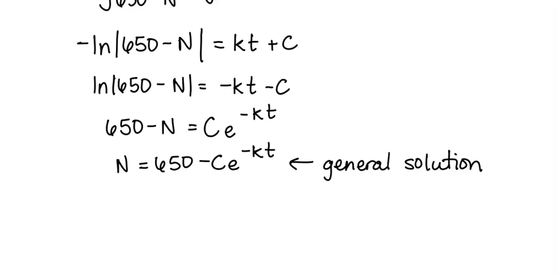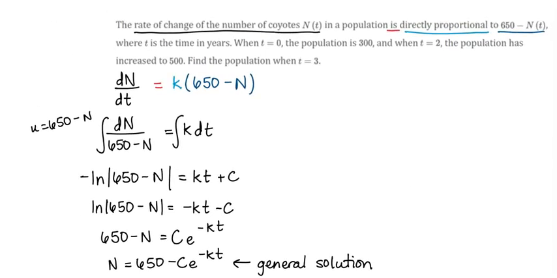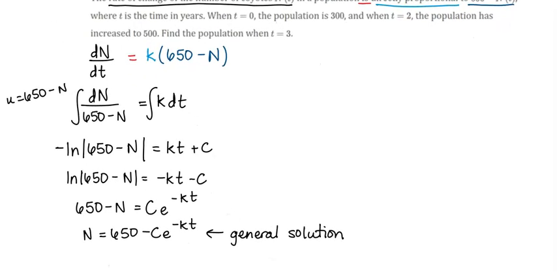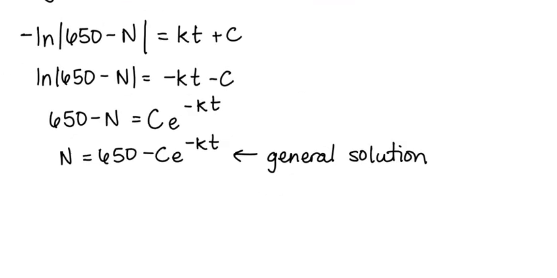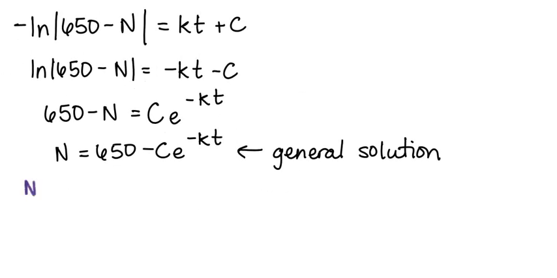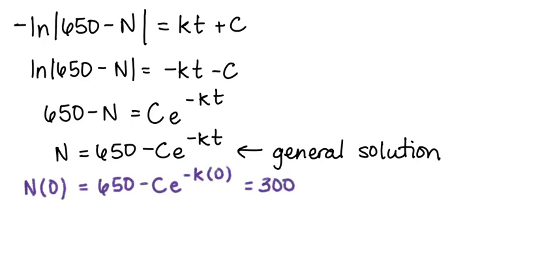Now that we have our general solution, we're going to use some of the conditions that they gave us. For instance, that when t is equal to 0, the population is 300, to start solving for some of these unknowns. So if we were to plug 0 into this function, our answer would be 300. So when we replace t with 0, we get out 300.